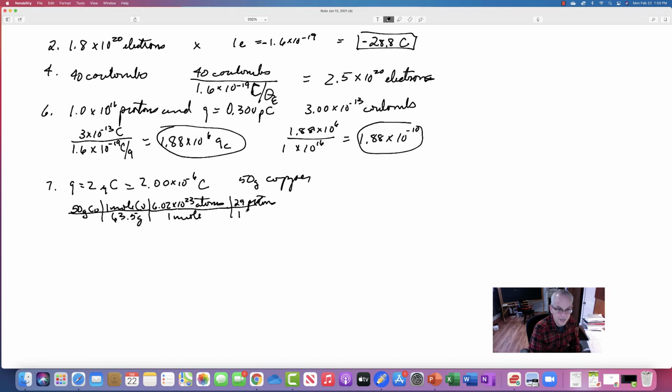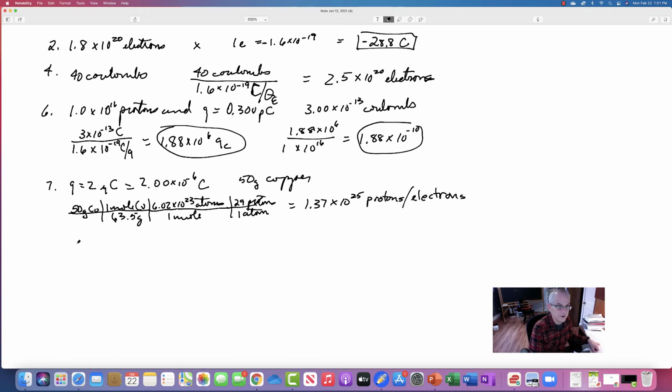So that's one atom. And if you do all of that, you end up with a total of 1.37 times 10 to the 25 protons or electrons. If there was no charge at all, then you would have this number, okay?